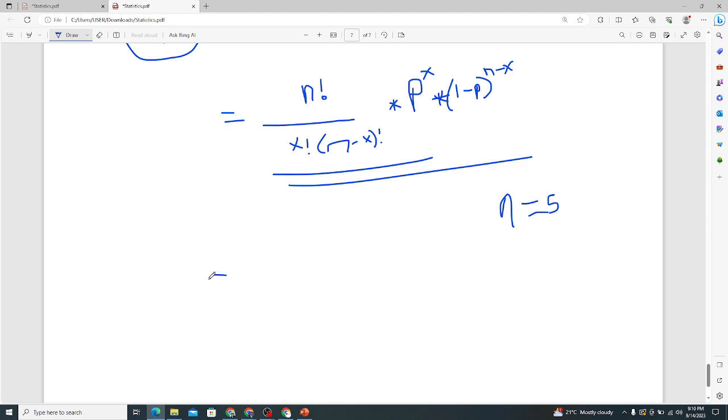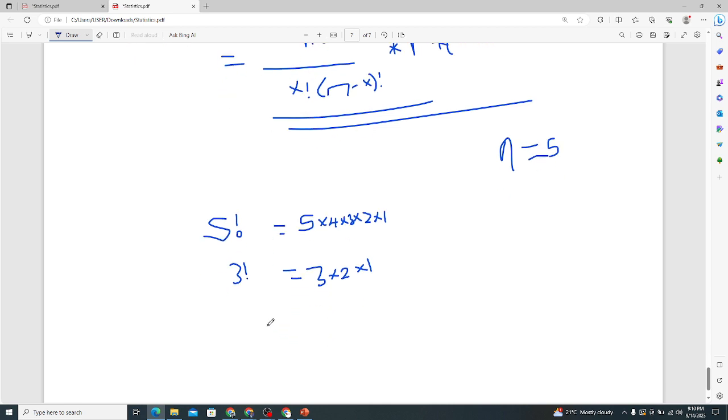For example, 5 factorial will be 5 multiplied by 4 multiplied by 3 multiplied by 2 multiplied by 1. If we say 3 factorial, it is 3 multiplied by 2 multiplied by 1. If we say 4 factorial, it is 4 multiplied by 3 multiplied by 2 multiplied by 1. So basically that's what factorial means.